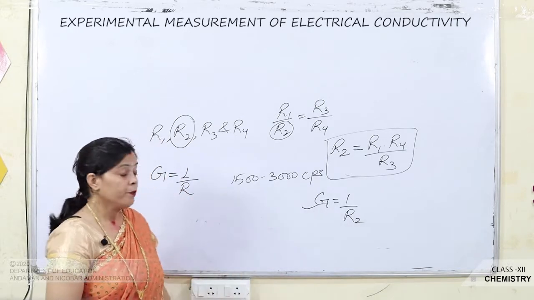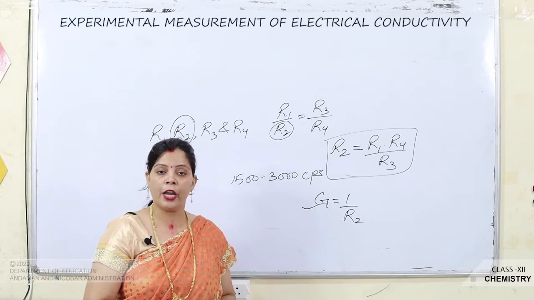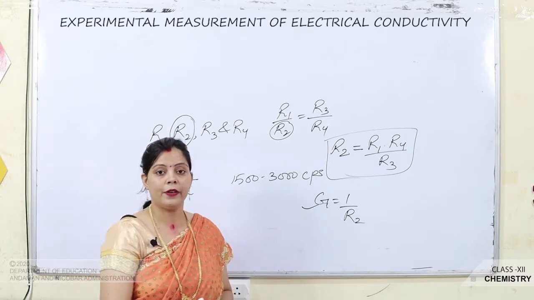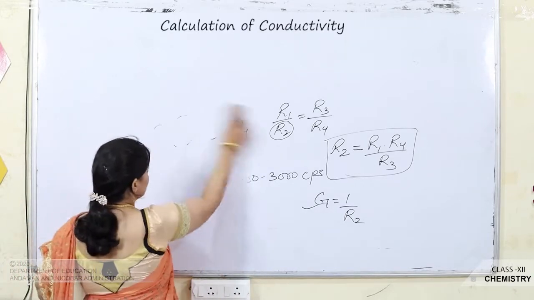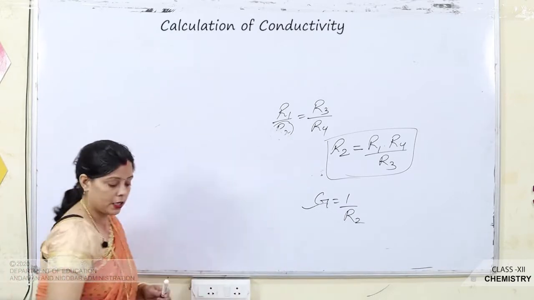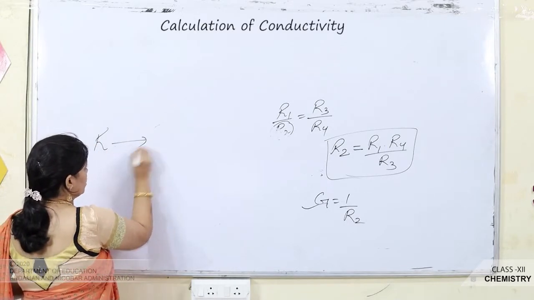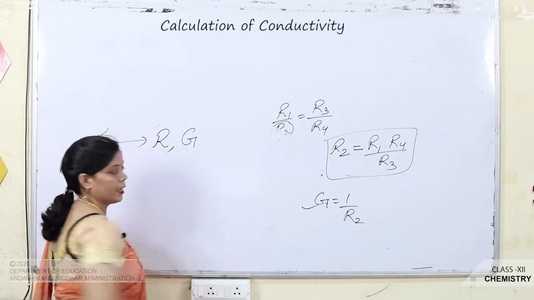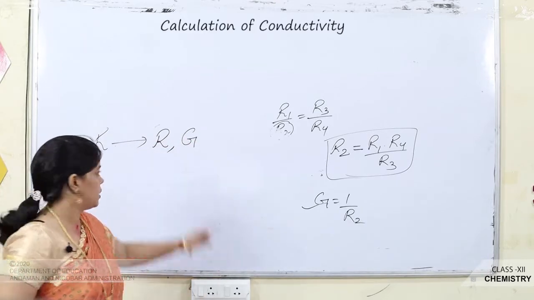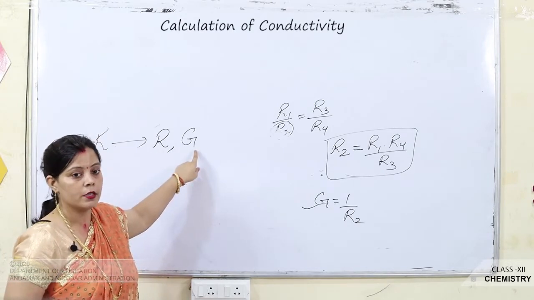After that, children, there is another important term: how can we calculate the conductivity of the electrolytic solution? The conductivity is represented by kappa, and it is related to both the resistance as well as the conductance of the electrolytic solution.